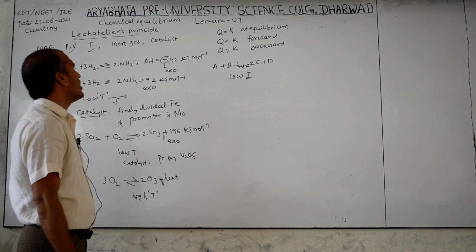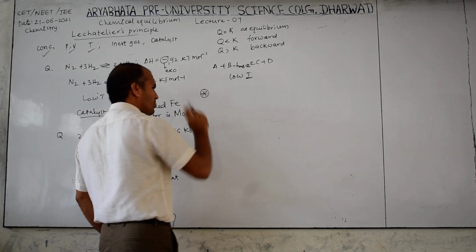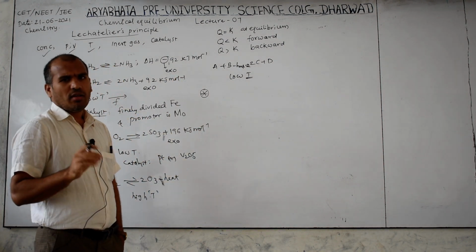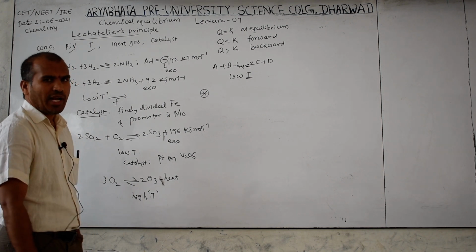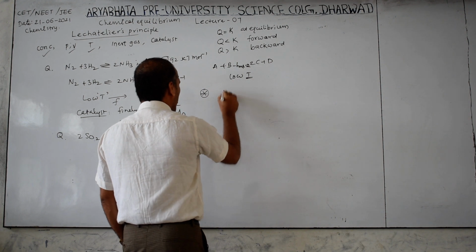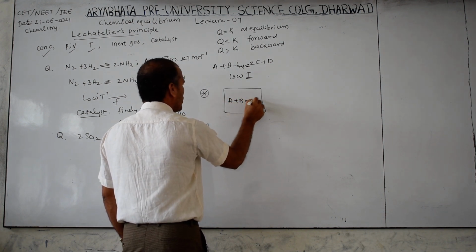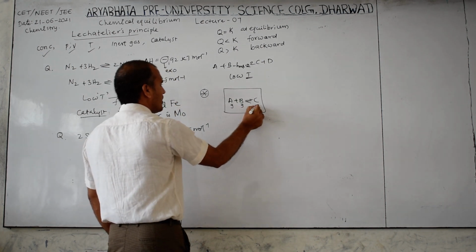The next one is inert gas addition. This is very important because inert gas increases the total pressure and the total number of moles also. Keep in mind, this is a reaction mixture A plus B gives rise to C. These are all gases.